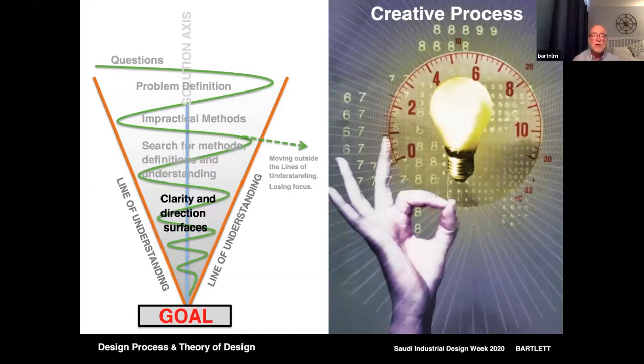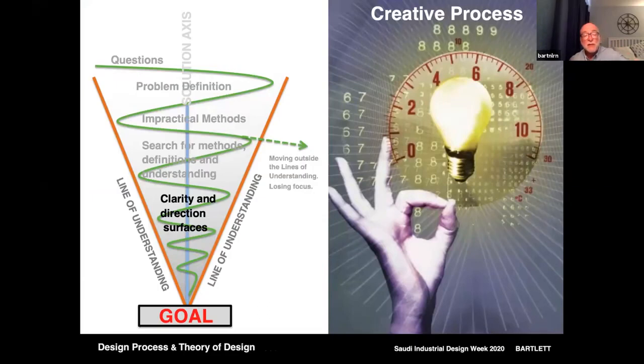And then we're looking for clarity. Once we have some clarity and direction, this begins to surface. So we begin to see things a little bit clearer. We may get some kind of direction that we can go forth with and begin to use. And then that ultimately leads to the goal.